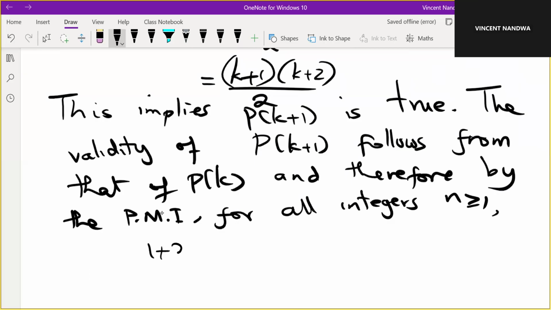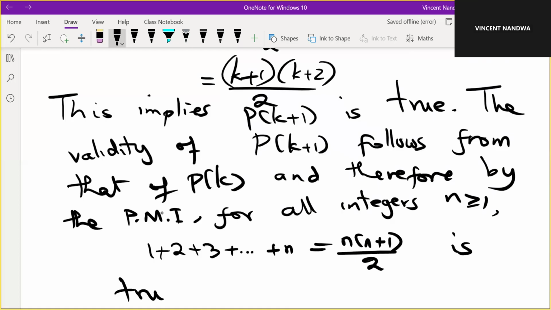So this statement, 1 plus 2 plus 3 plus all the way plus n equals n into n plus 1 over 2, is true. So that's the end of the proof, okay? So I want to give another. At the end of this one, you'll have time to copy, so don't worry. What I want you to follow is to understand the steps you need to take, okay?